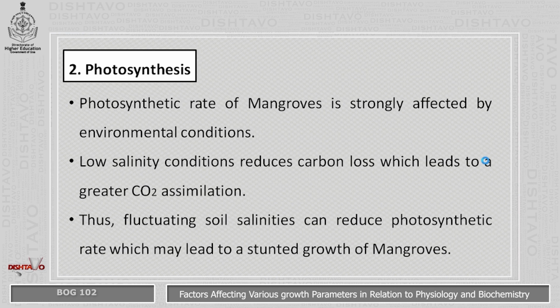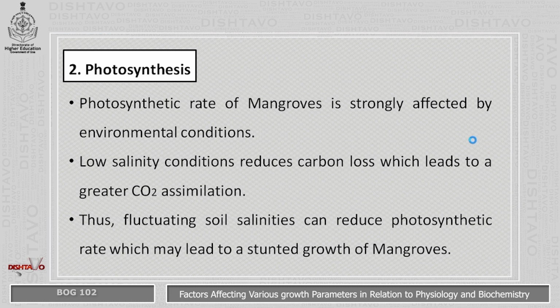The next is photosynthesis. Photosynthetic rate of mangroves is strongly affected by environmental conditions. Mangrove species are excellent at absorbing and storing carbon from the atmosphere. As the tree grows, they take carbon from the atmosphere and use it as building blocks for leaves, stem and branches.